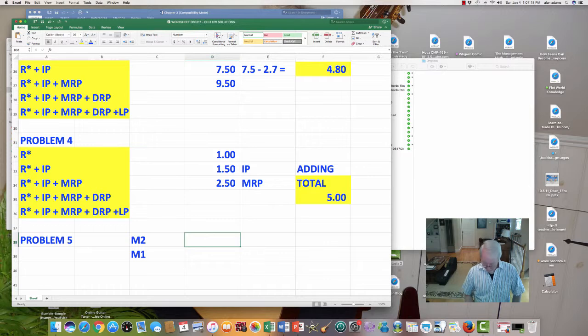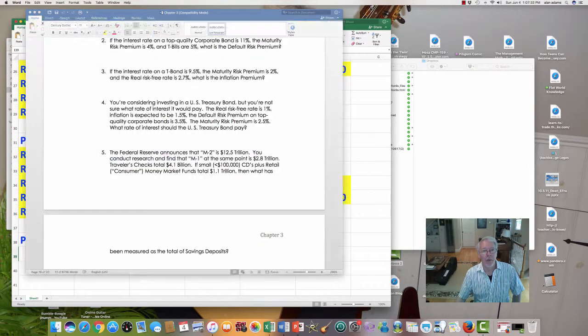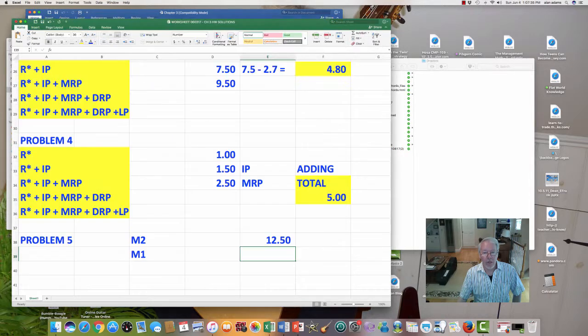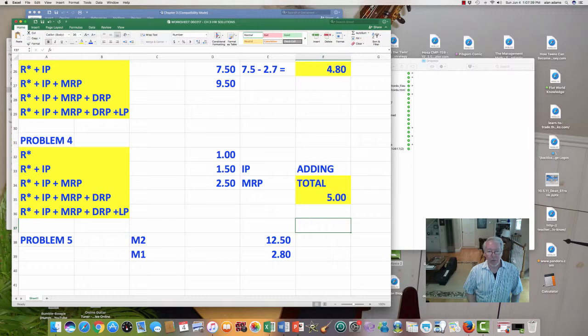I'm just making these numbers up. We're trying to back into one of the elements that separates M2 and M1. So let's deduct M1 because we know everything that's in M1 is also in M2. I told you that M1 is 2.8 trillion. This is all going to be denoted in trillions of dollars.